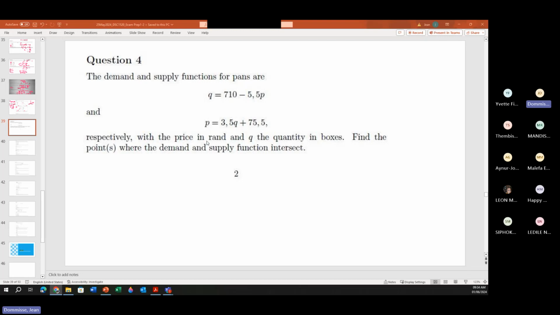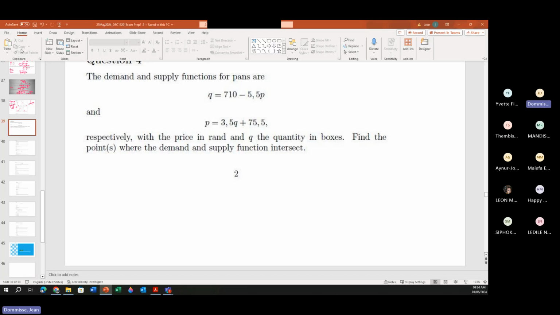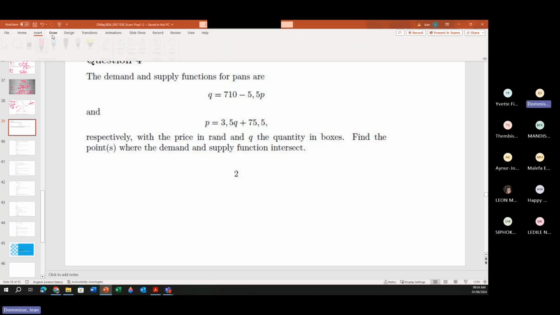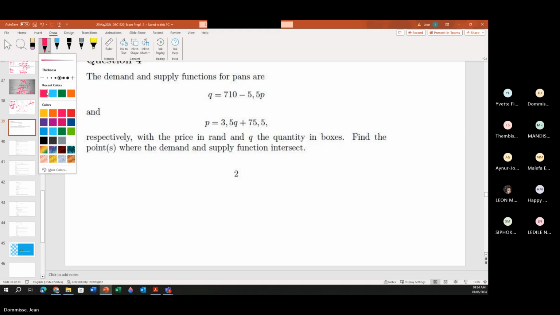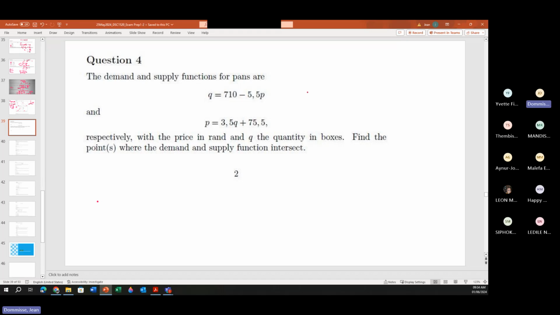Okay, so this is going to be interesting. So what I would do first is, what we're going to do with this one is basically a simultaneous equation, because they want to find where the demand and supply functions intersect.